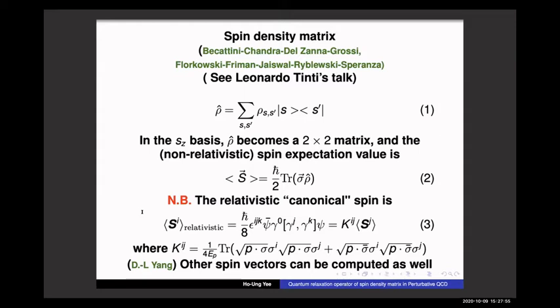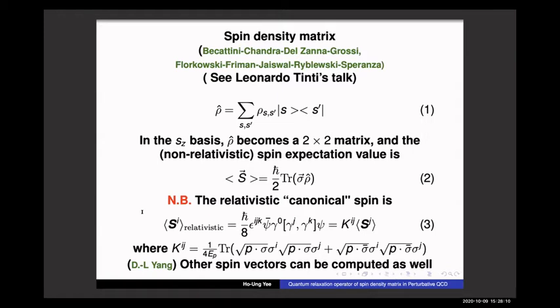And I want to point out that although this density matrix is written in a somewhat non-relativistic form, we can always convert that to a more relativistic definition of spin.